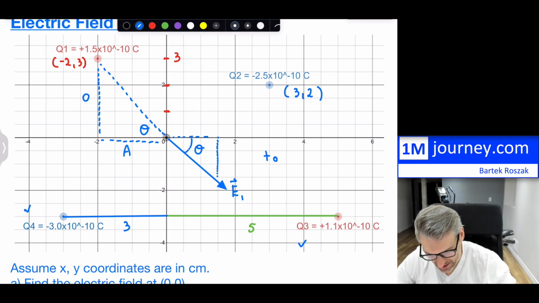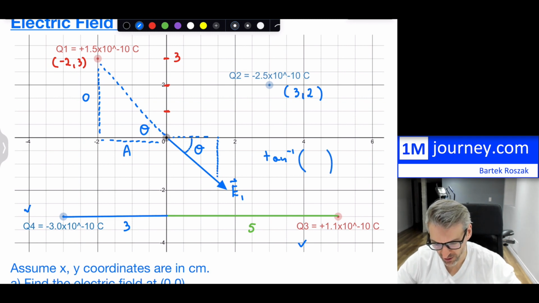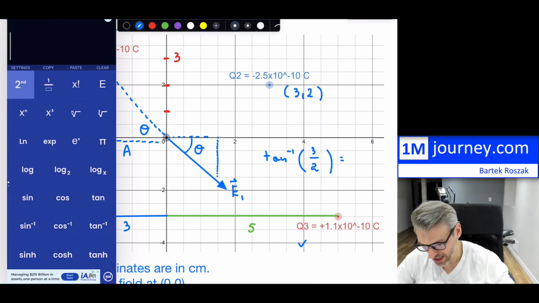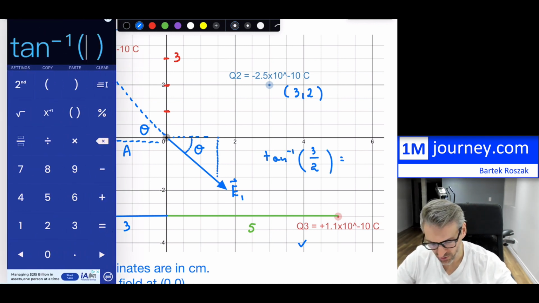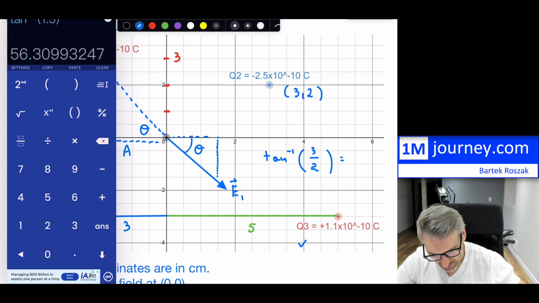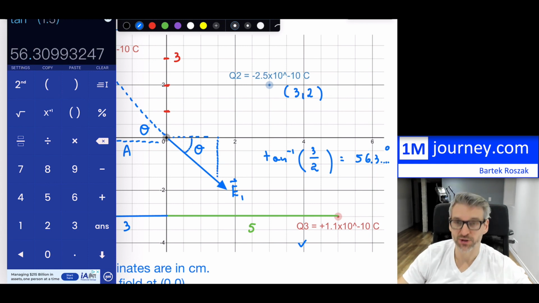So you can say tan inverse of opposite over adjacent, that's going to be that ratio. Now opposite is 3, adjacent is 2, and then you have your angle. If you go into your calculator, you can certainly do that. So tan inverse of 3 over 2, which is just 1.5, and you have your angle, 56.3, etc. Okay, so that's your angle in degrees.